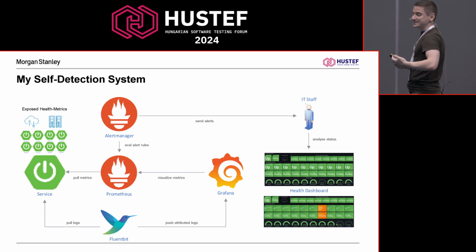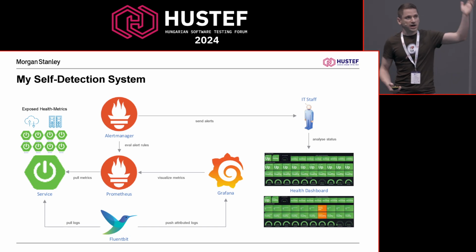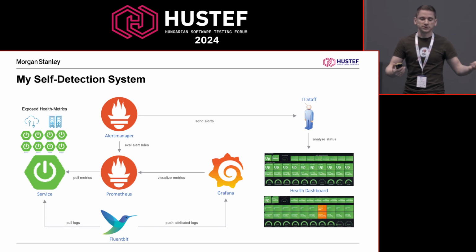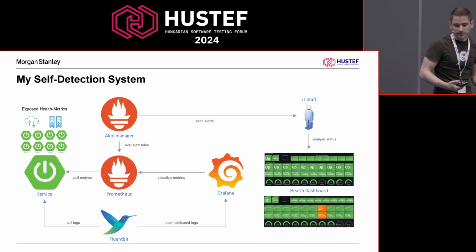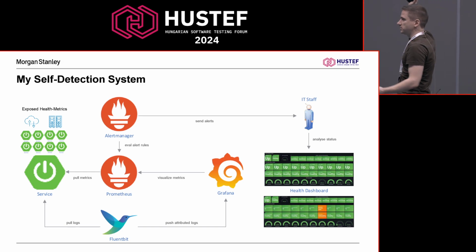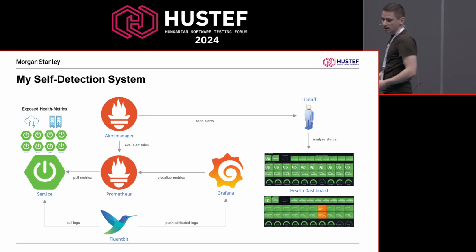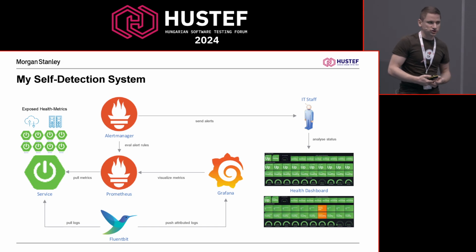Then it stores them in its time series database, and I could use Grafana, another tool from this package, to visualize them. And I had a health dashboard. I could put this together with very standard patterns. It looks like this 99% of the time: green, shiny.